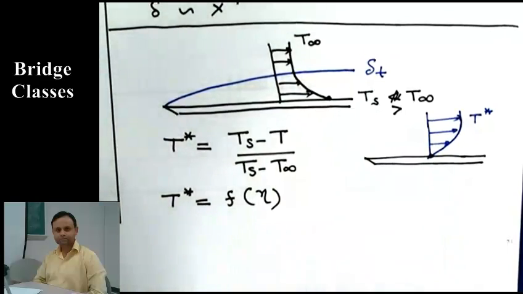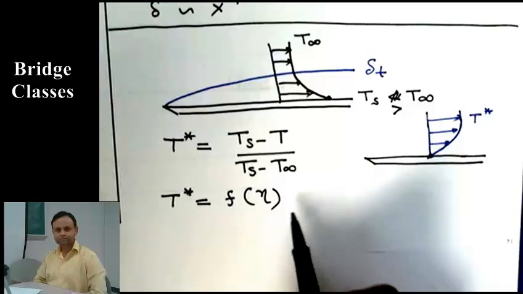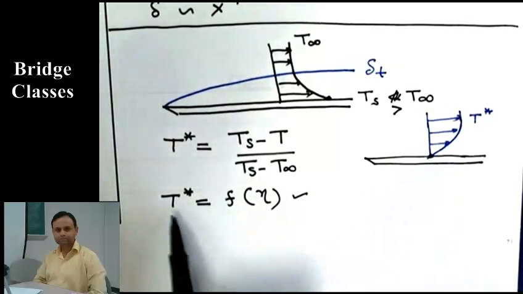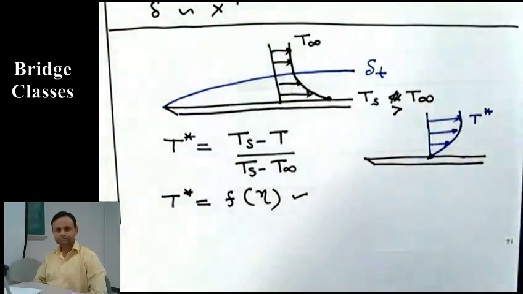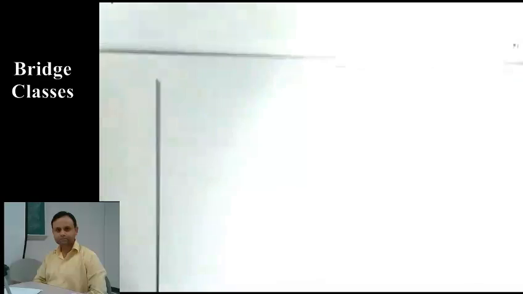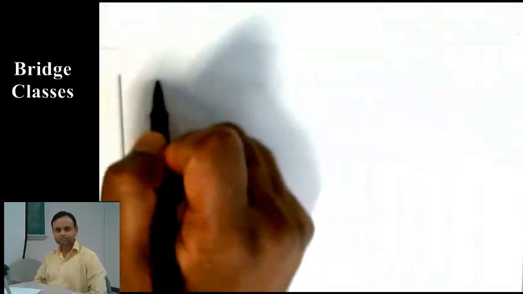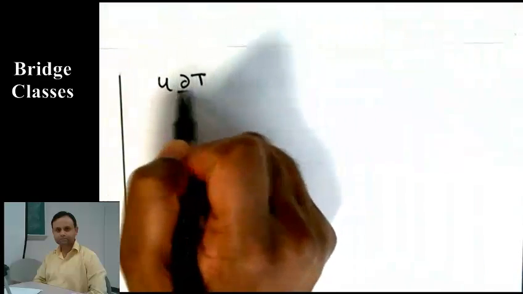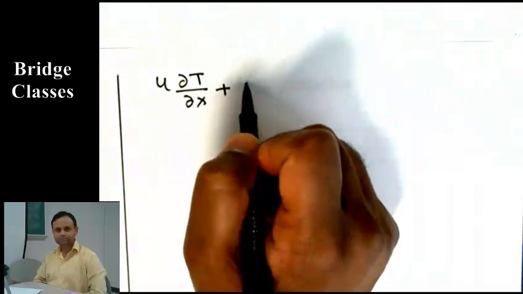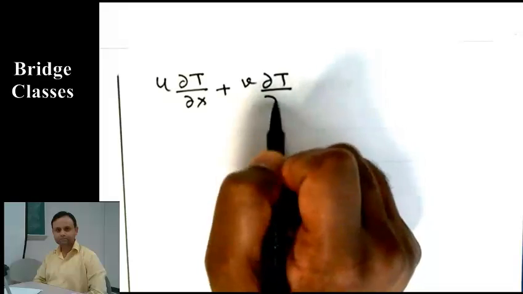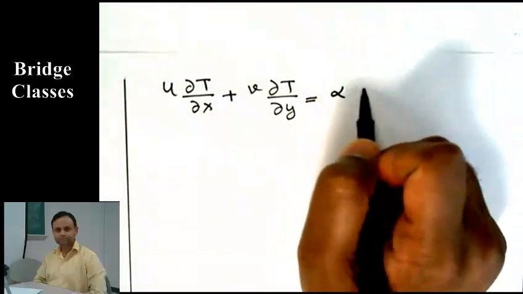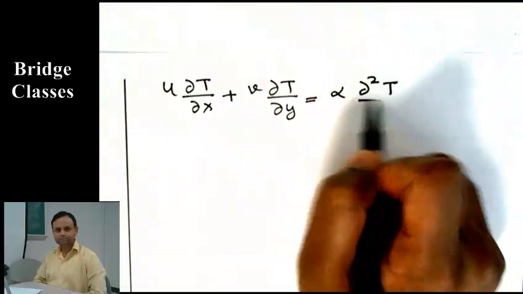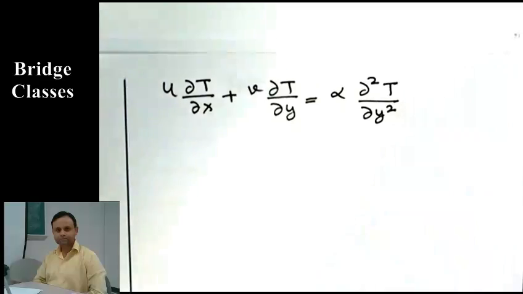Now based on this we can modify the energy equation. That equation you already have. If you want me to write it down again, that equation is u del T del x plus v del T del y equals alpha del square T over del y square.